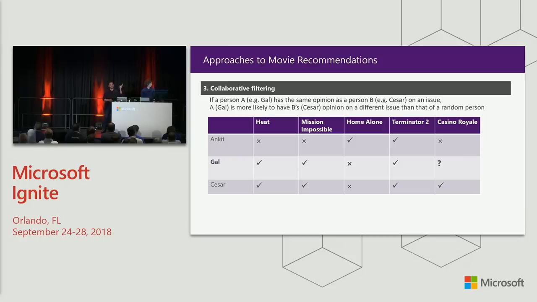The columns show the movies that these 3 users have seen. The check marks denote whether they like the movie, and the crosses denote that they didn't like it. Given this data, let's say we want to be able to predict the probability of Gal liking the movie Casino Royale.